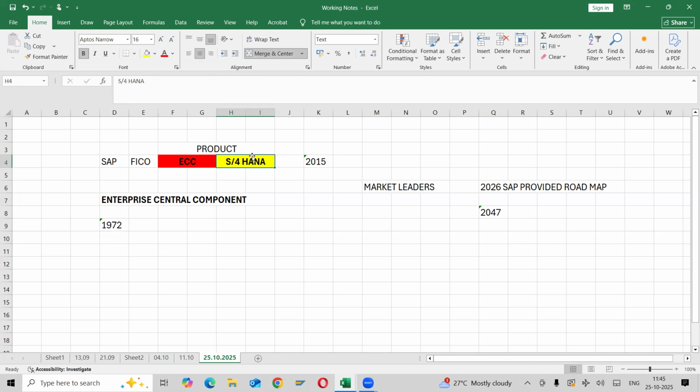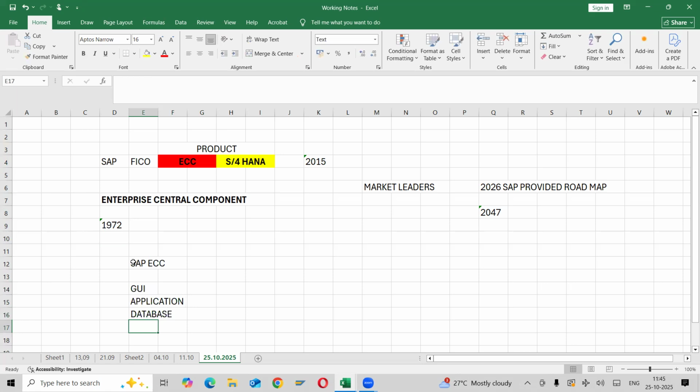Whenever I'm talking about SAP ECC, there are three combinations here: GUI, application, and database.